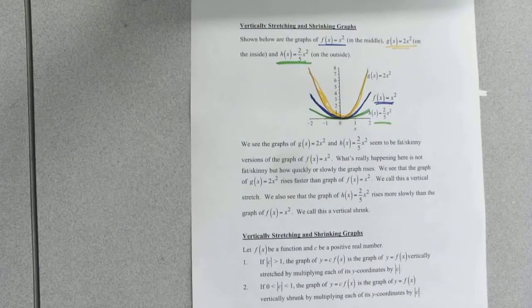So the number out in front, we're talking about positive numbers, is a vertical stretch or shrink. Bigger than 1, stretch, because you're multiplying the y coordinates by a number bigger than 1, so they're getting bigger. Less than 1, so between 0 and 1, a shrink, because you're cutting them down by half, 2/3, or whatever the number happens to be.